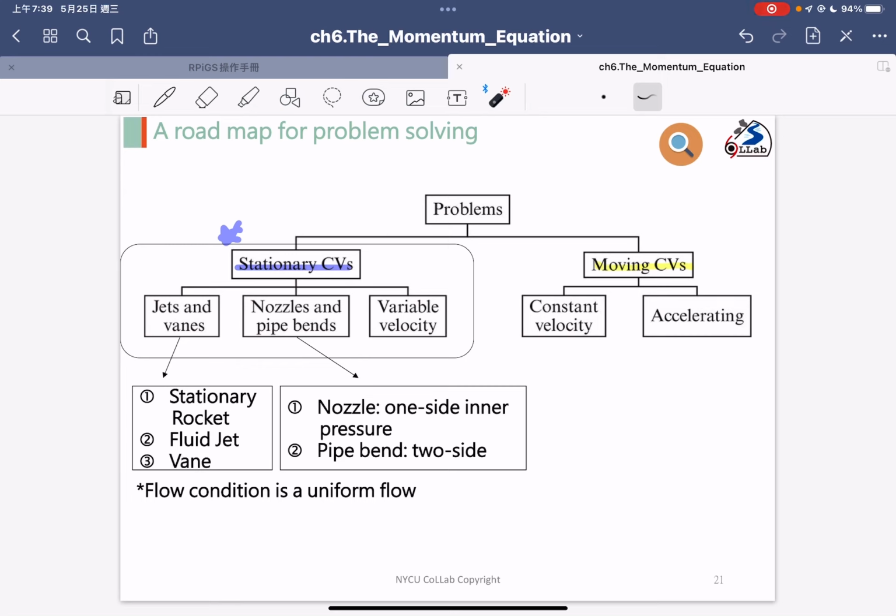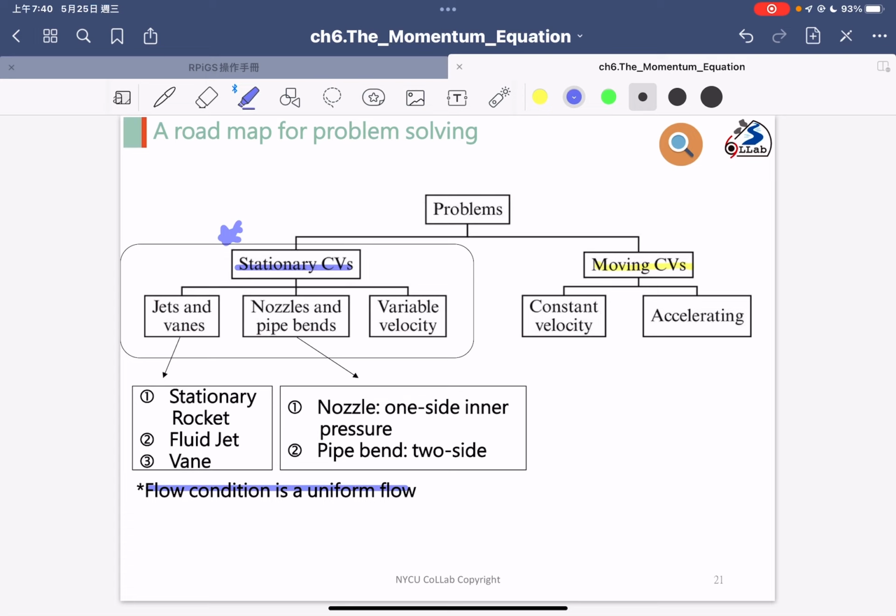In most of our problems, we are required to answer how large the force is to hold the device, that is, how can we hold the jet and fans, and how can we hold the nozzle and the pipe bend stationary. And usually we consider the flow to be uniform flow.